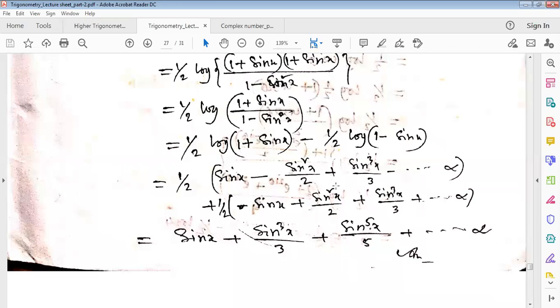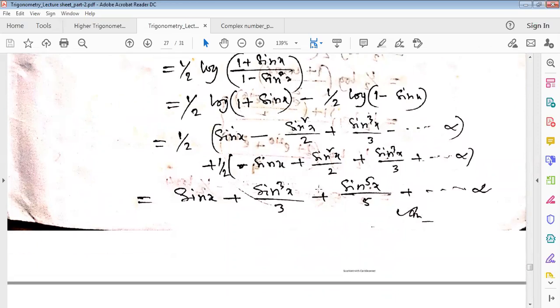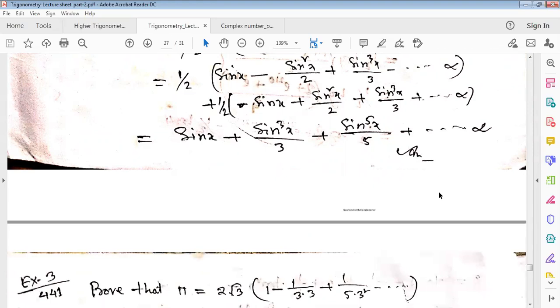Now the even power terms cancel. Even power, what? 2, even power. So only the odd terms will exist: sin x, sin cube, sin 5, sin 7, all odd terms. This is the required expansion.